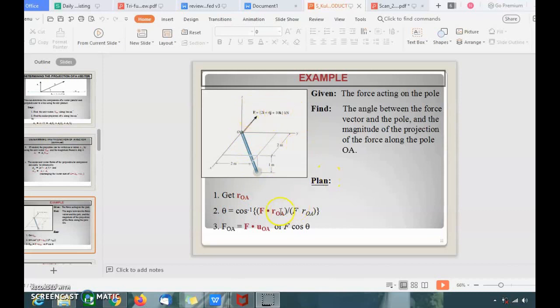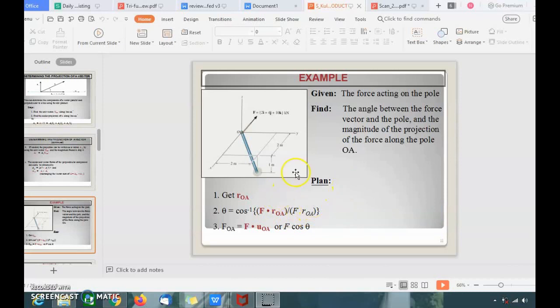Then do the operation using the equation that we discussed just now, which is theta is equal to cosine inverse of F, the vector of F, dot product with the vector of ROA, divided by the magnitude of F multiplied with the magnitude of ROA.